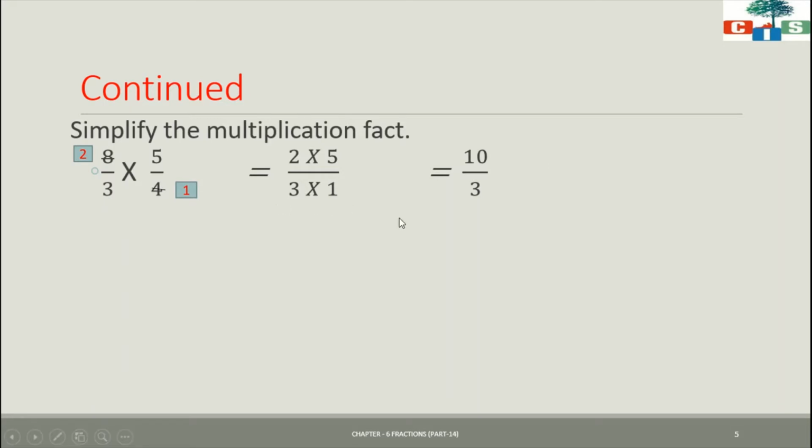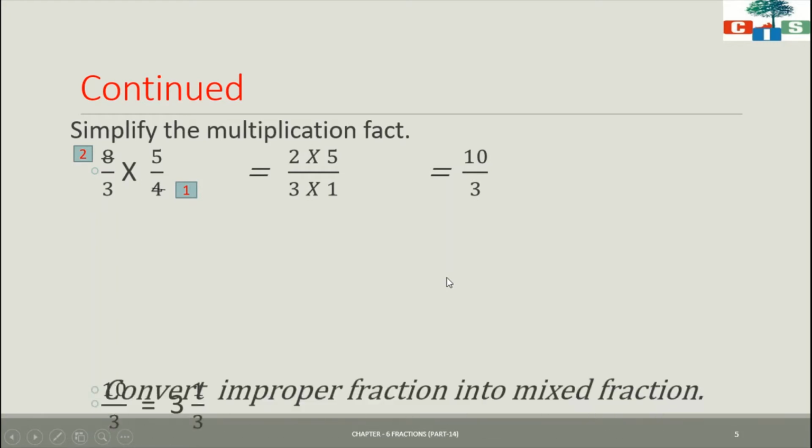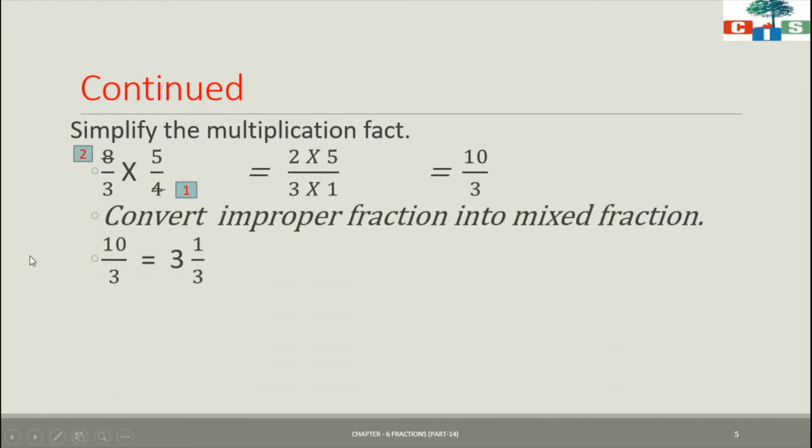And we know that while converting an improper fraction to a mixed fraction, we have one formula: Q as whole number, R as numerator, by D as denominator as it is. So here I have converted the improper fraction to a mixed fraction. See, 10 by 3, when I divide, I get quotient 3, which I write as the whole number, and remainder 1, which I write in the numerator, and keep the denominator, that is the divisor, as it is.